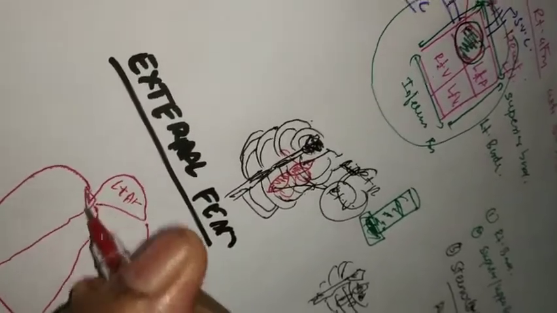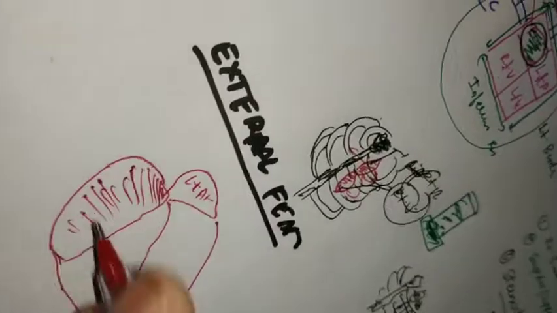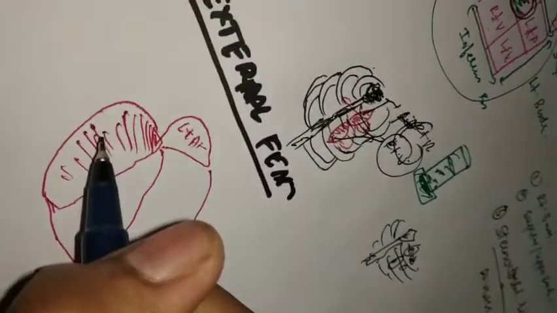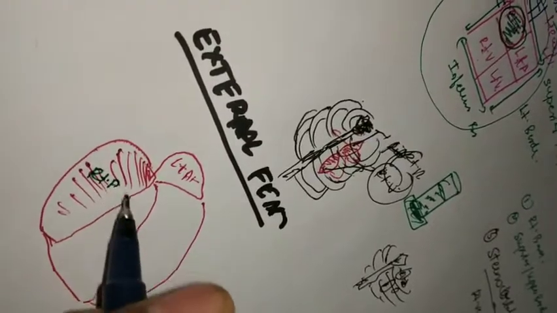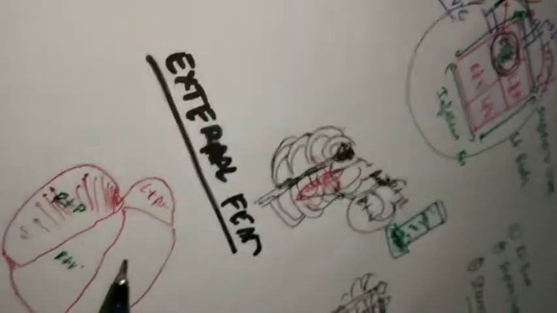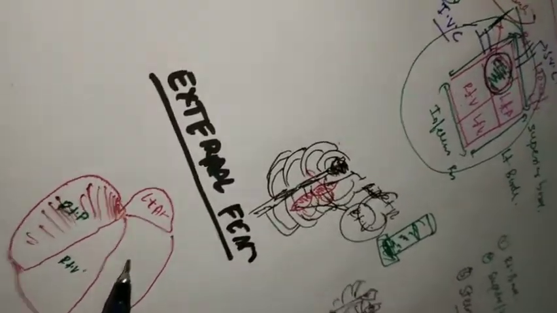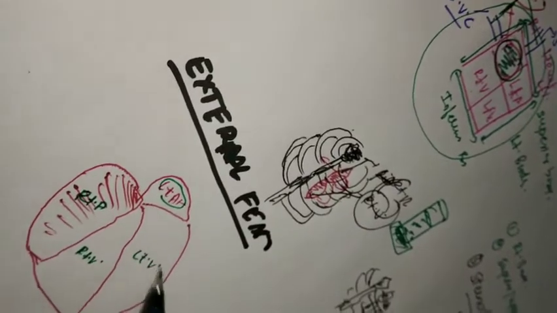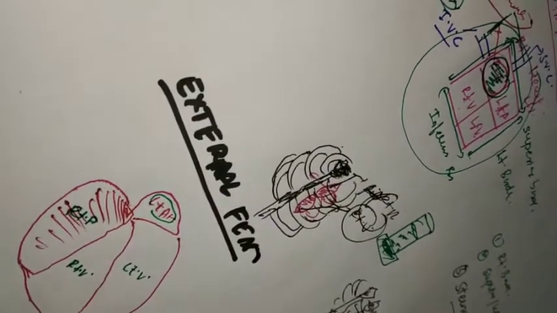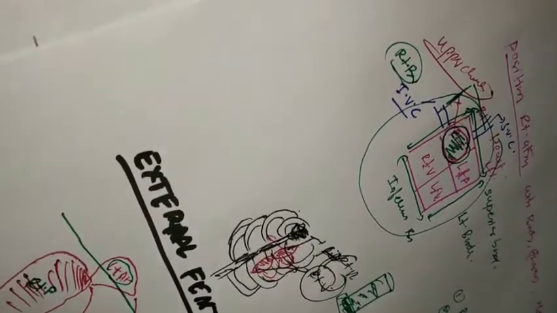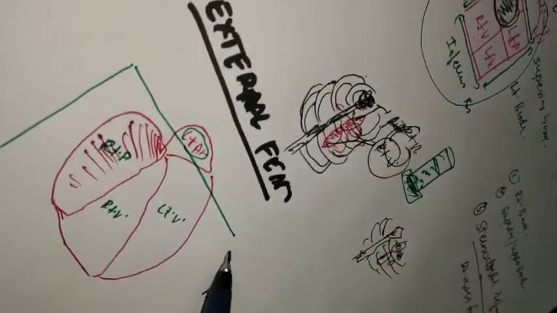This whole is your right atrium. This is your right ventricle. This is your left atrium, left ventricle. This is your anterior view. In the anterior view, you can only see this portion.